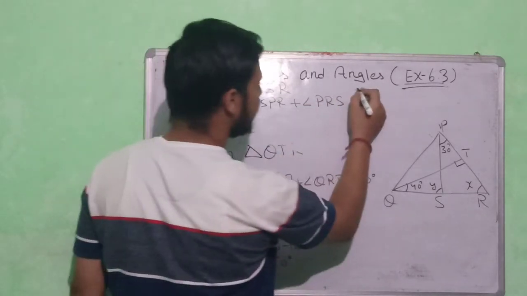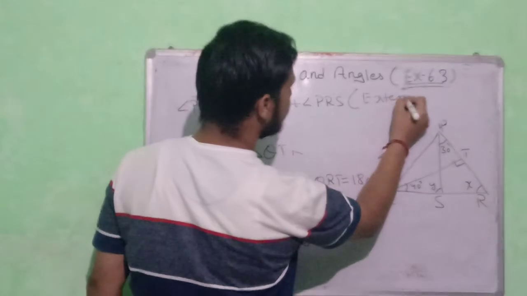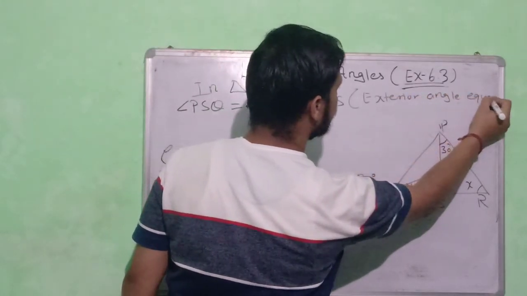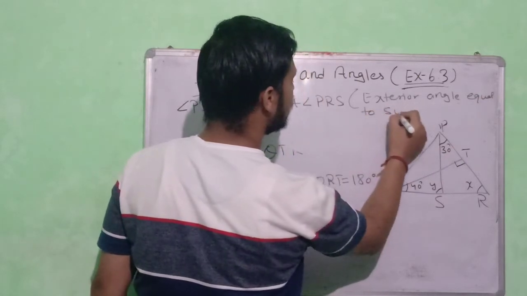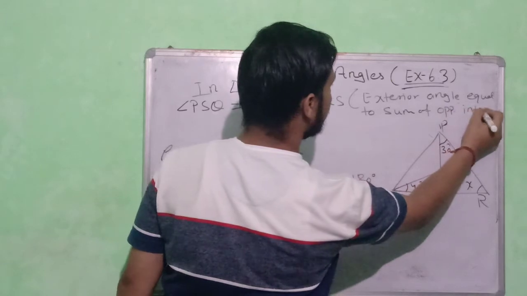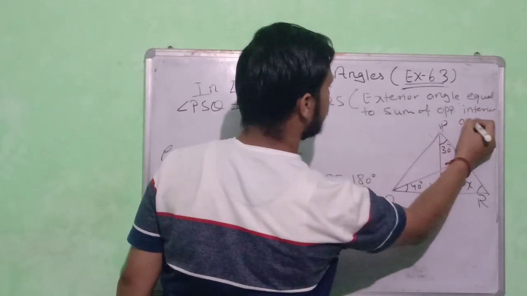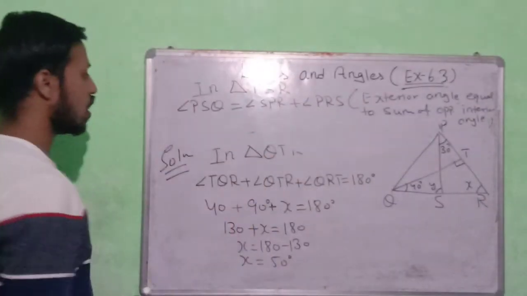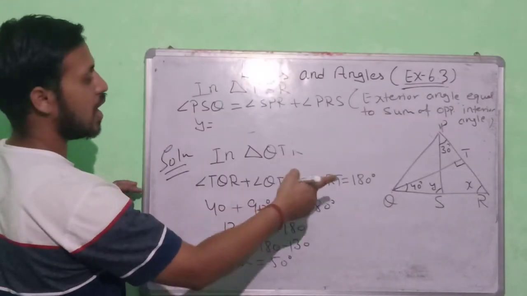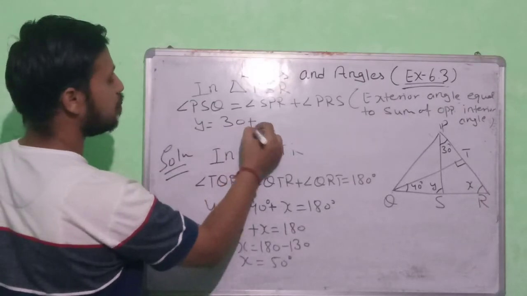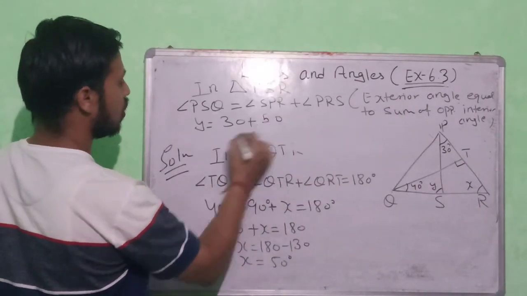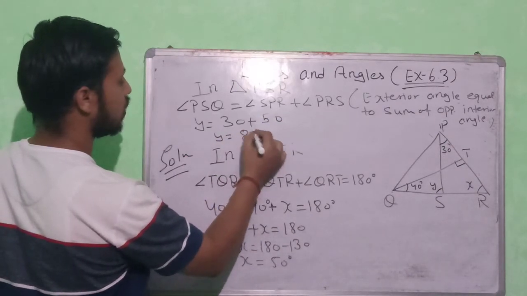Exterior angle equals the sum of opposite interior angles. Now PSQ is y, angle SPR is equal to 30 degrees and PRS, which is x, is 50 degrees. The value of y equals 80 degrees.